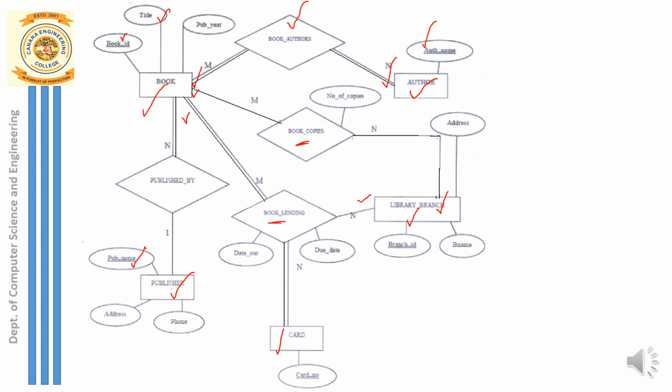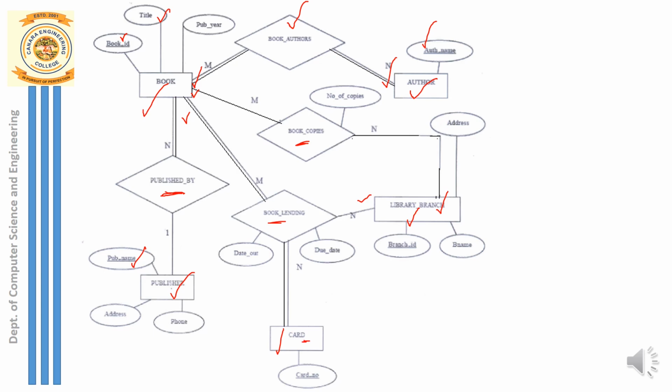Similarly we have published by as a relationship which relates books to different publishers. Next, we have card, which is an entity here, relating to book. Every book must be issued with the help of a card, so it should be a relationship between book and card.